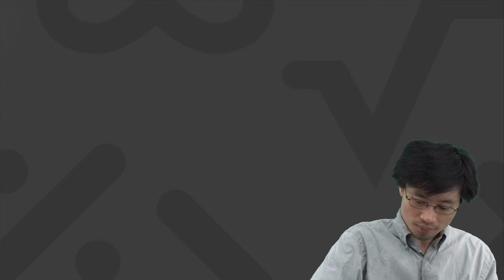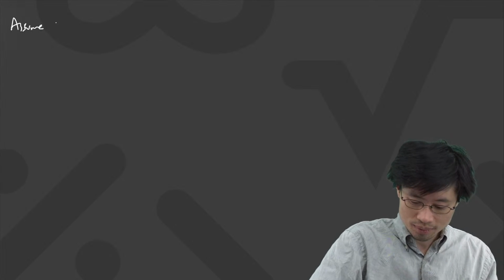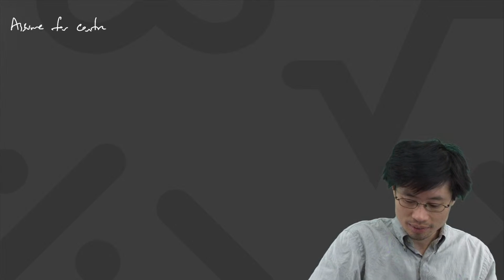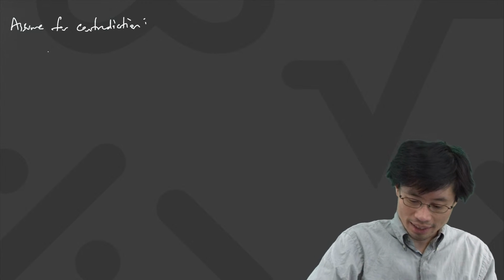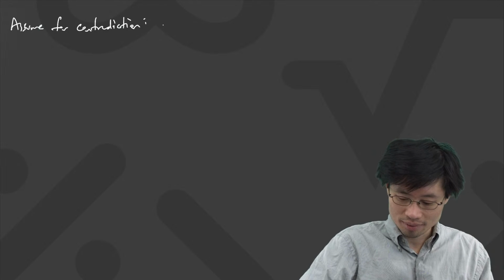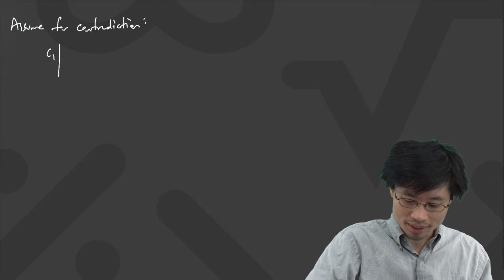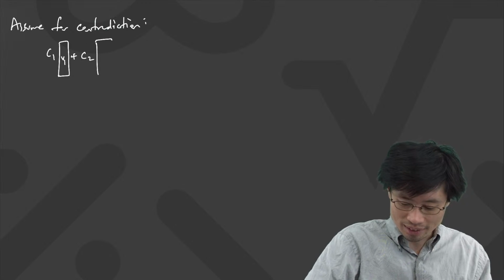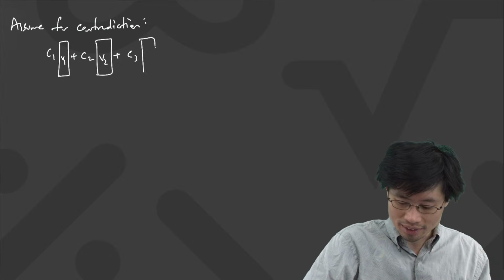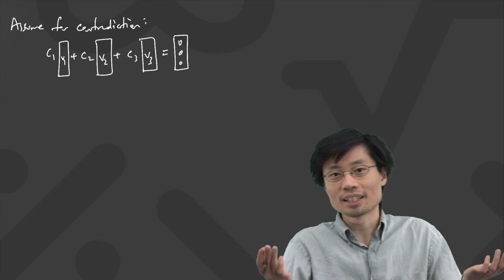Assume that C1 times this vector V1 plus C2 times the vector V2 plus C3 times the vector V3 actually equals 0, 0, 0.